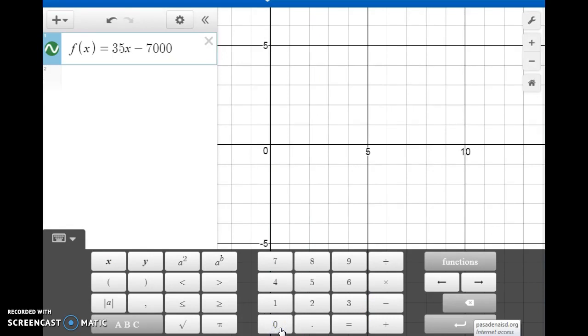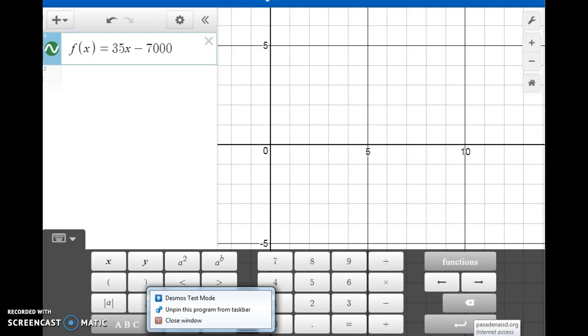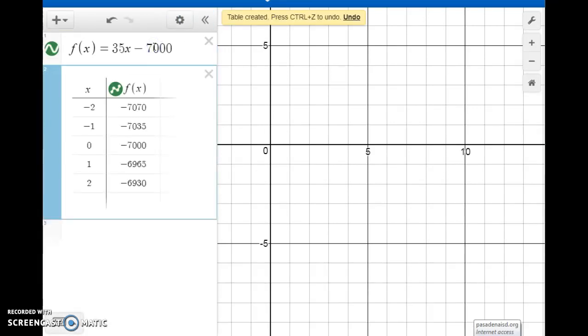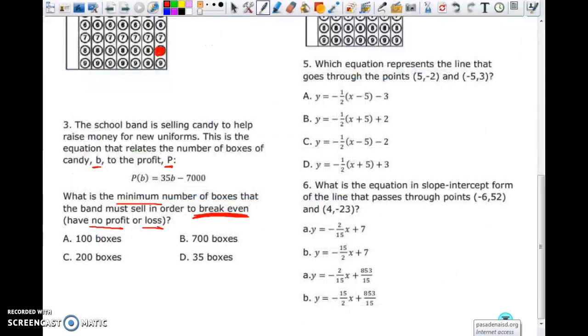Okay. So again, I'm evaluating, so I want to know numbers. Let's just convert this into a table. I want to know if I put in 100, 200, 700, or 35 for my X, what number of boxes will make me break even, which makes it equal to 0.